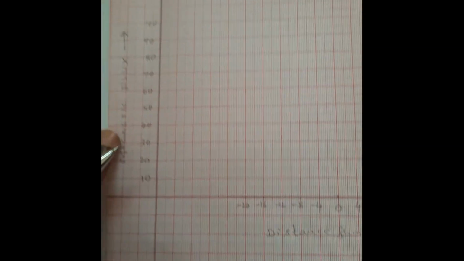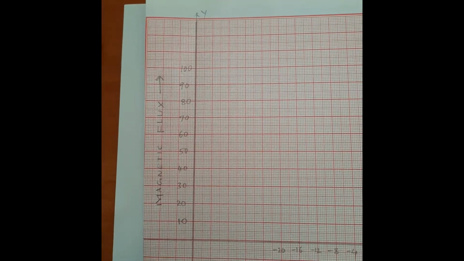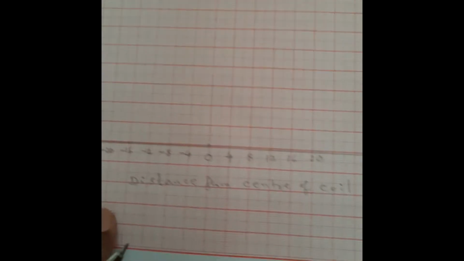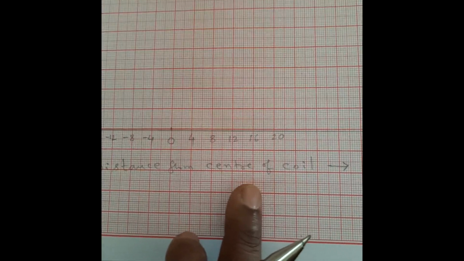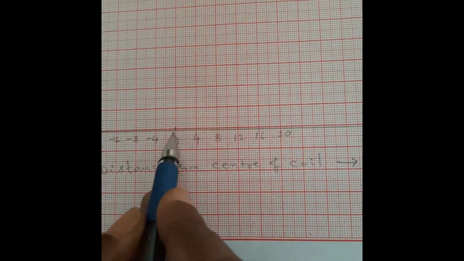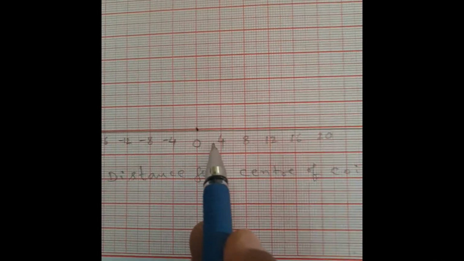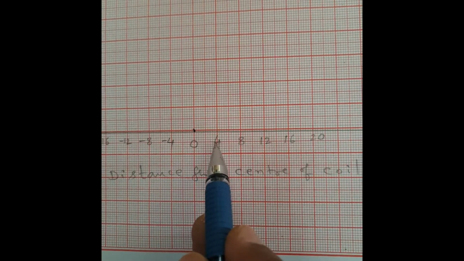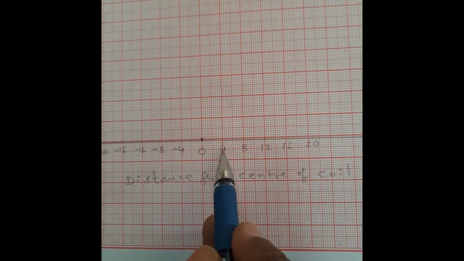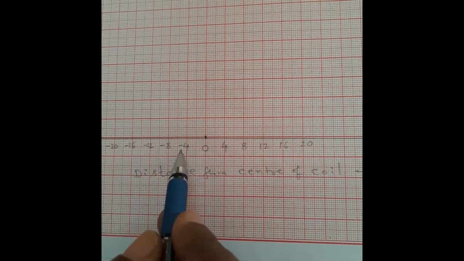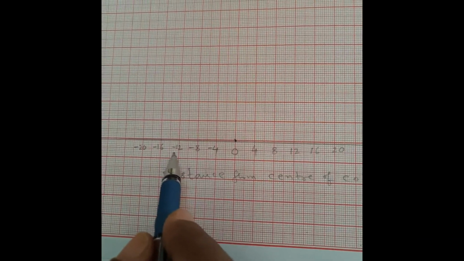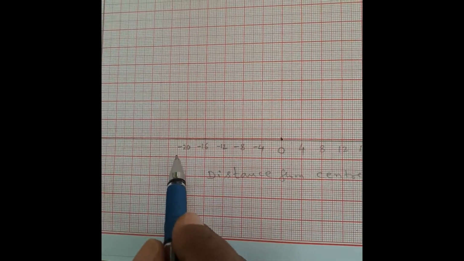The magnetic field is taken along the y-axis and the distance of the search coil from the center of the coil is taken along the x-axis. So 0 is marked here. The distance of the search coil towards the right side is 4 centimeter, 8 centimeter, 12 up to 20. Similarly towards the left side, -4, -8, -12, -16 and -20.